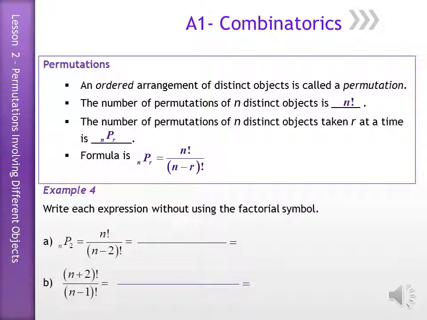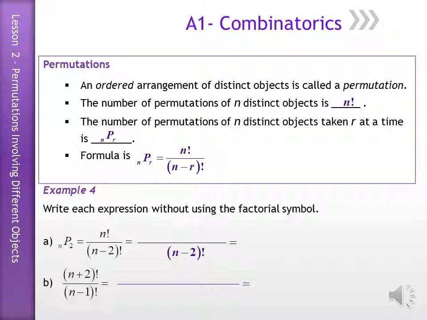Rewrite the bottom as it is. Now the top. From the general equation for factorials, we know that n factorial is n times n minus 1 times n minus 2 times n minus 3, and so on down to 1. We start writing this out until we match the bottom part of the fraction.